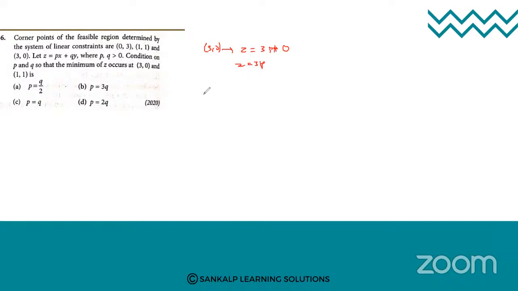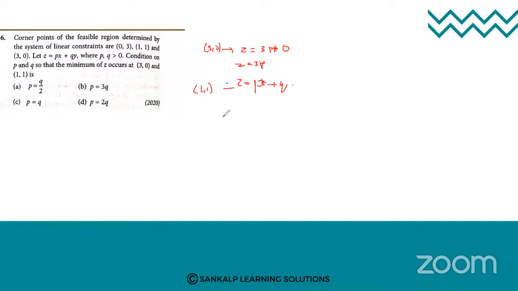Next, we will be substituting 1 comma 1 in the equation. So we will get Z is equal to p into 1 is p, plus q.